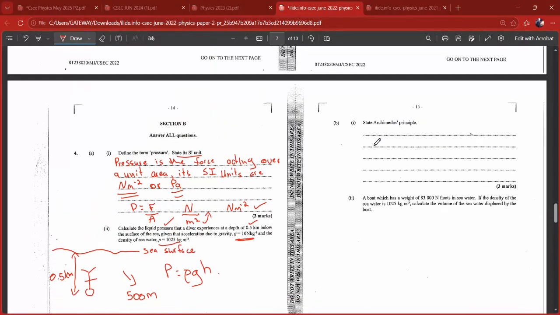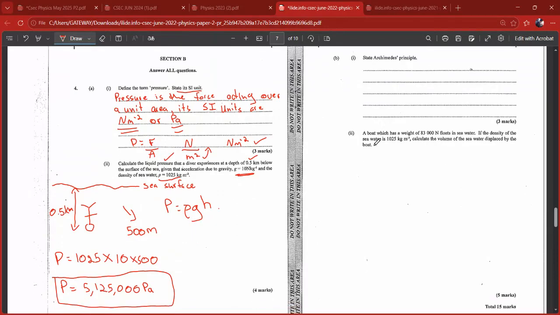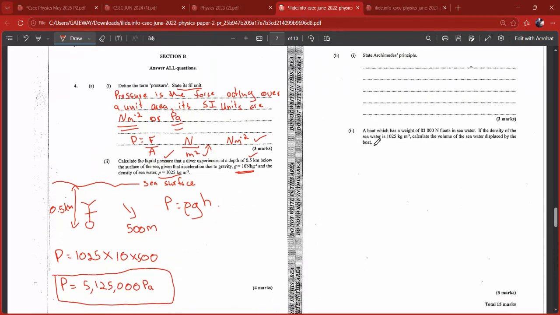Now the next part, this is a short question, part B here, they say state Archimedes' principle.